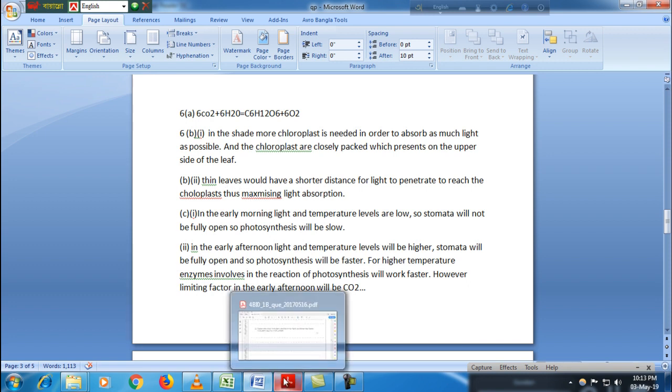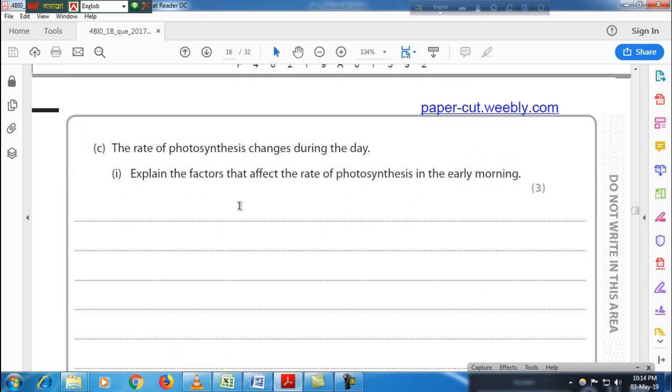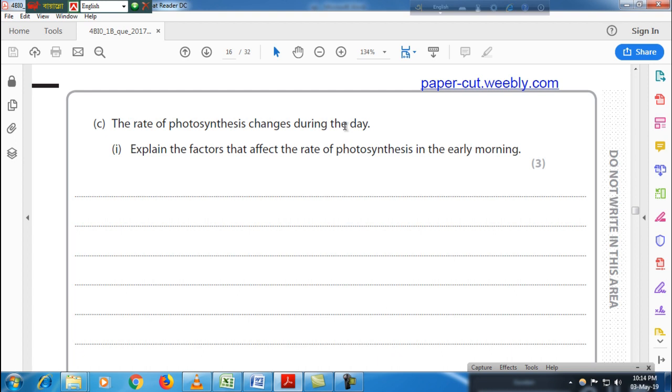But the leaves which are in front of the sunlight are much thicker. Okay.